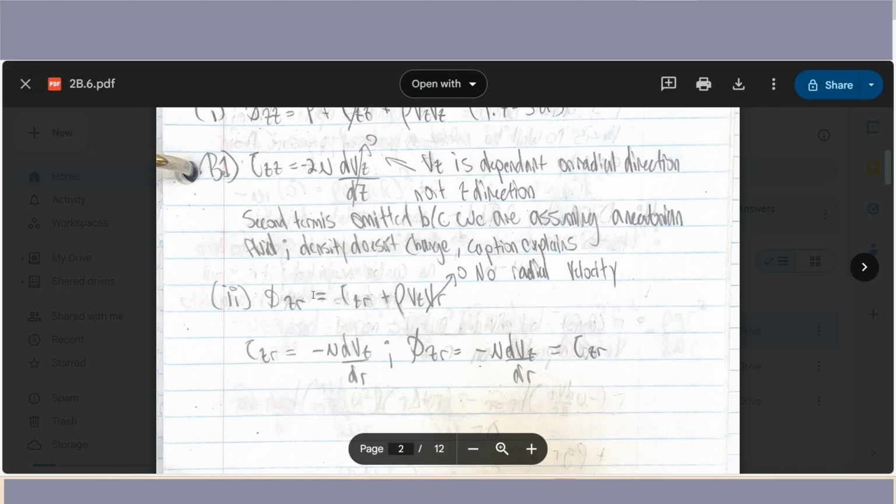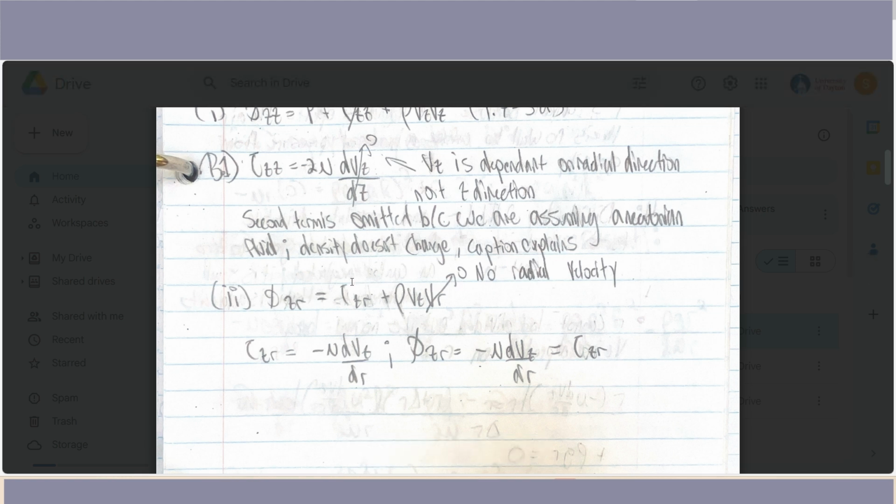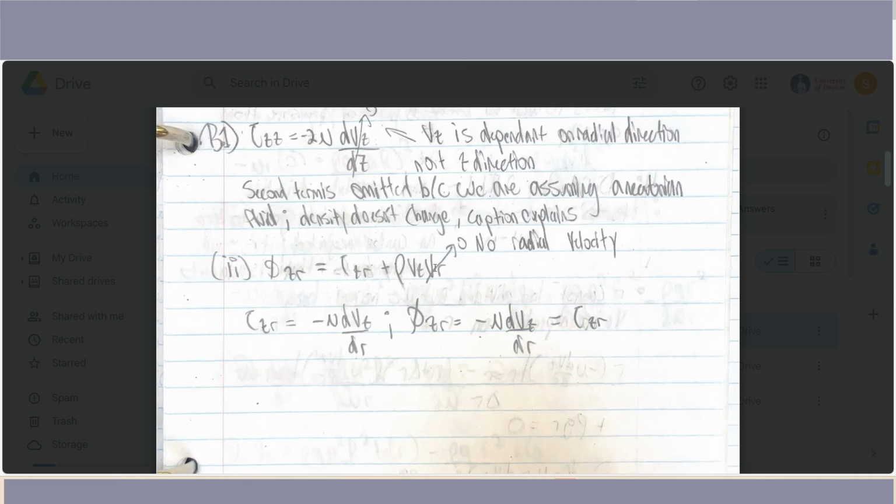So momentum flux is just rho, or what is this? Tau zr, not zx, because it's the radial direction of cylindrical coordinates. And rho vz vr, this term goes to 0 because there's no radial velocity.